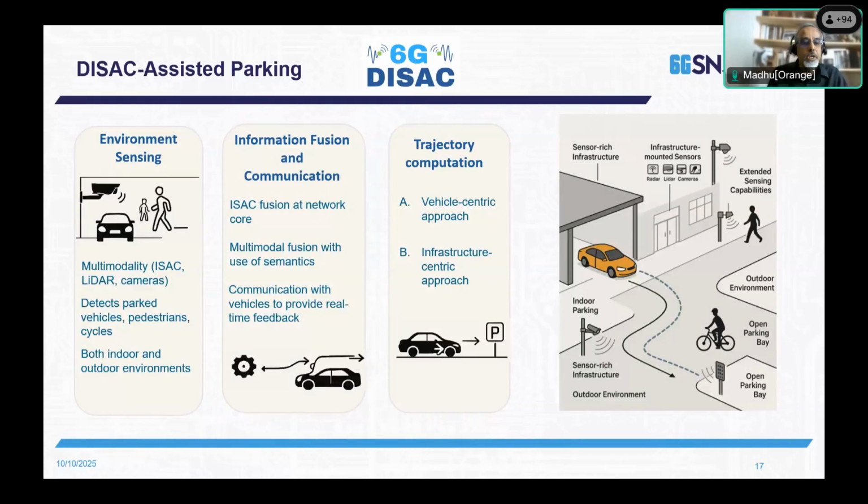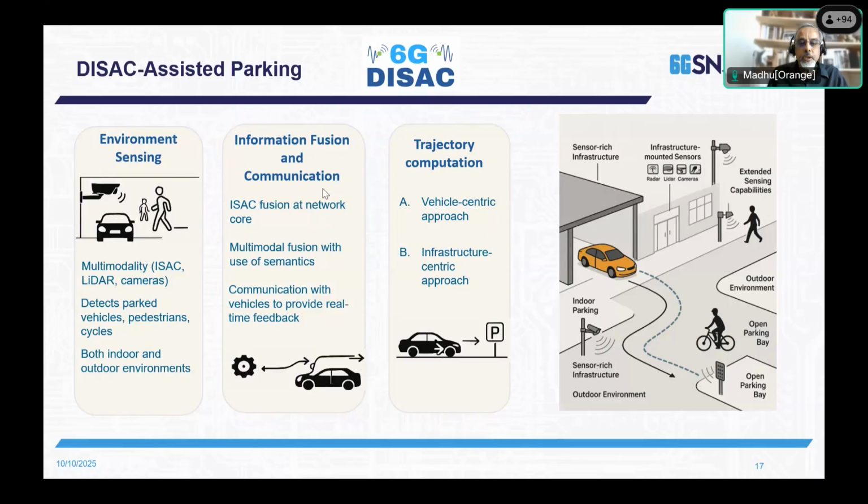That's one aspect. There's multimodality, which I mentioned also. The other interesting aspect in DISAC is the multimodal fusion with the use of semantics in the middle block. We use the semantics to do this multimodal fusion and the trajectory computation.